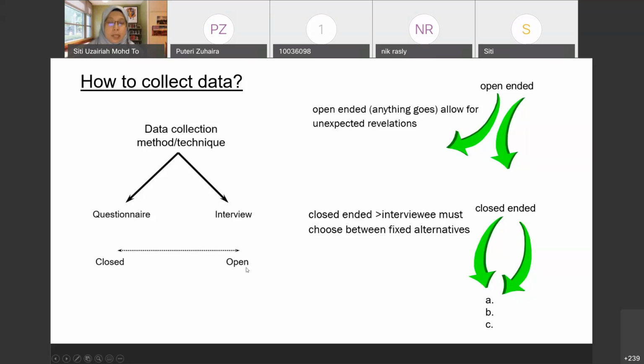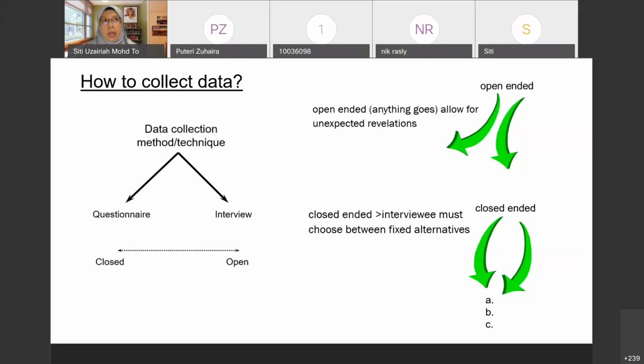While an interview is open-ended. That means the answer is not provided. You only give them a series of questions. Of course, the series of questions will guide the participant to follow your story, to follow what you seek. However, there is no answer provided by you.